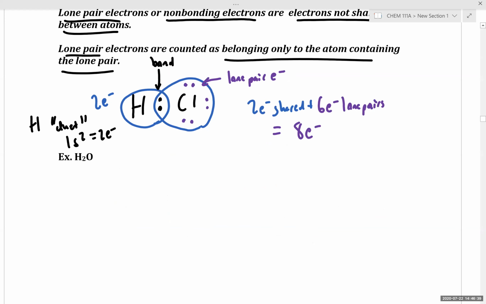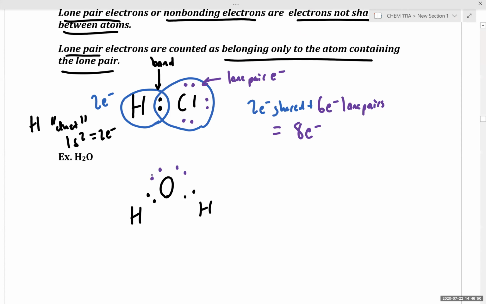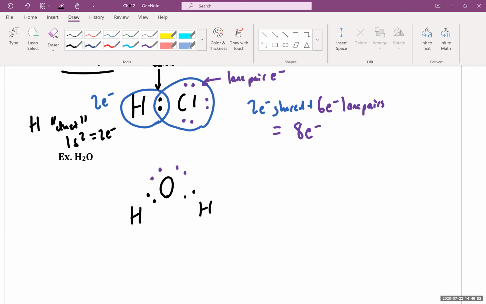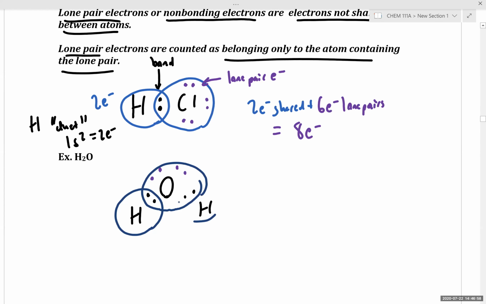So let's look at water, H2O. I'll draw out the structure for water. So we have some bonding electrons. We have some lone pair electrons. Now let's count and make sure we've thoroughly accounted for the electrons belonging to each atom in this molecule.